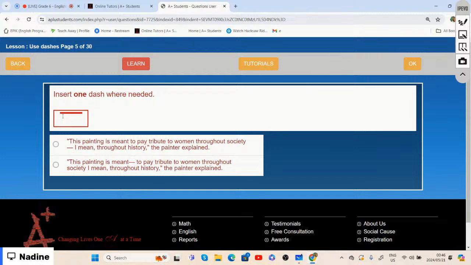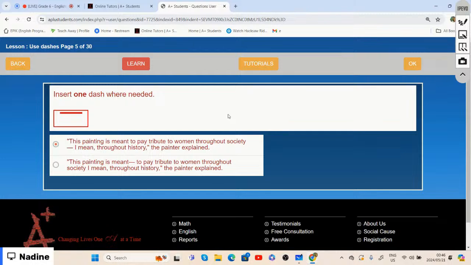And this is a quoted sentence, which means that it shows some form of interruption. And if it shows some form of interruption, we'll go to option one. Remember, society is mainly your community, your surroundings.